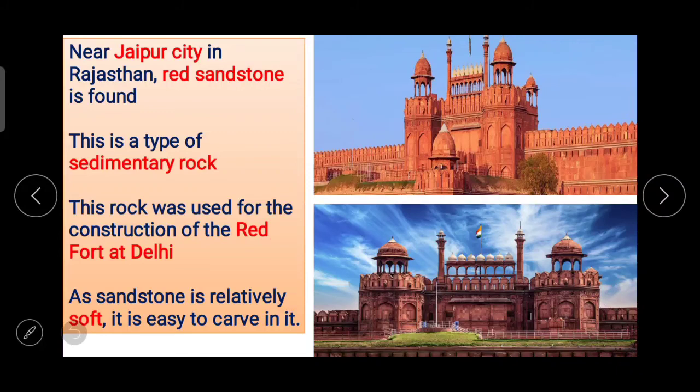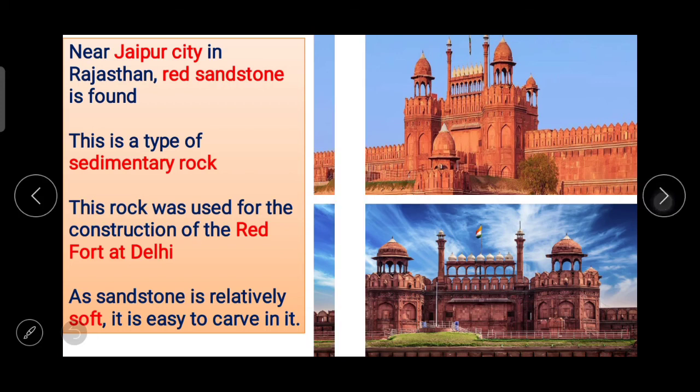This rock was used for the construction of the Red Fort at Delhi. You see this on TV on 26 January and 15 August, where our military and government programs are held, and this Red Fort is shown. This whole Red Fort is built in red sandstone. As sandstone is relatively soft, it is easy to carve in it.